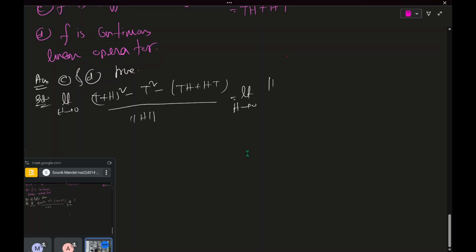So this implies the derivative of F at T applied to H is nothing but TH plus HT.